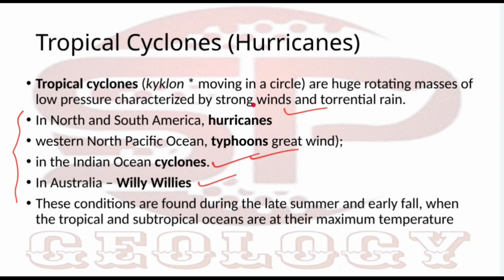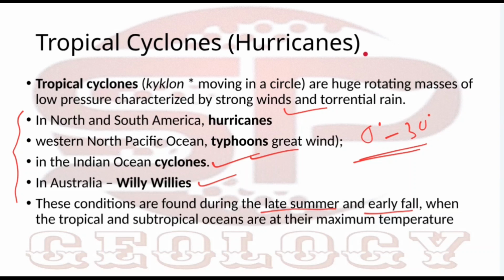It is produced in the tropics region, in between 0 to 30 degree latitude on both sides, northern and southern hemisphere. It is formed during late summer or early fall, where the temperature is maximum. Obviously, as it is produced because of low pressure, it requires a certain temperature condition.